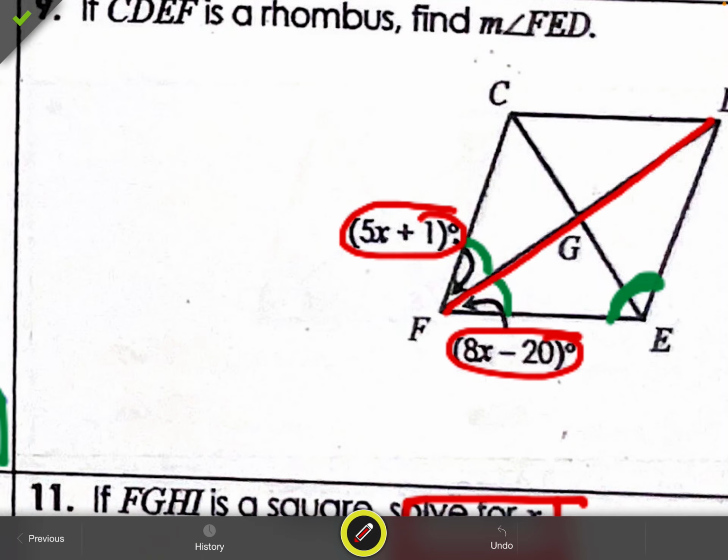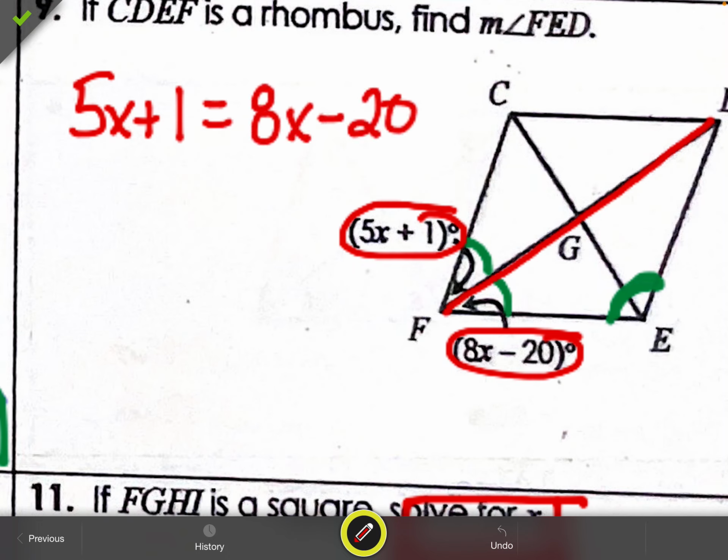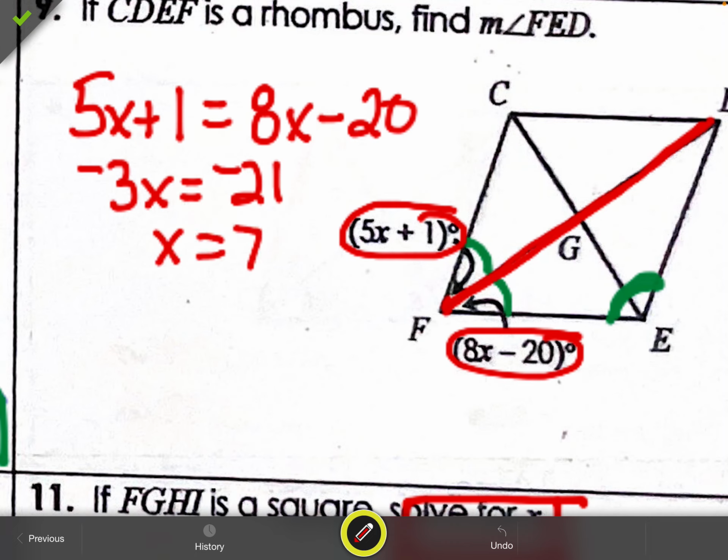We just know that this piece is 5x plus 1 and the other piece is 8x minus 20. They have to be equal because this cuts that into 2 smaller equal parts. So then we solve, and again, don't make any mistakes. Use Desmos if you need to. You should get 7 for x.